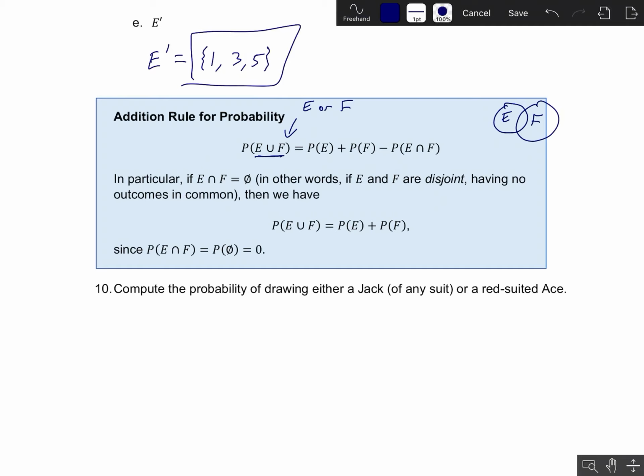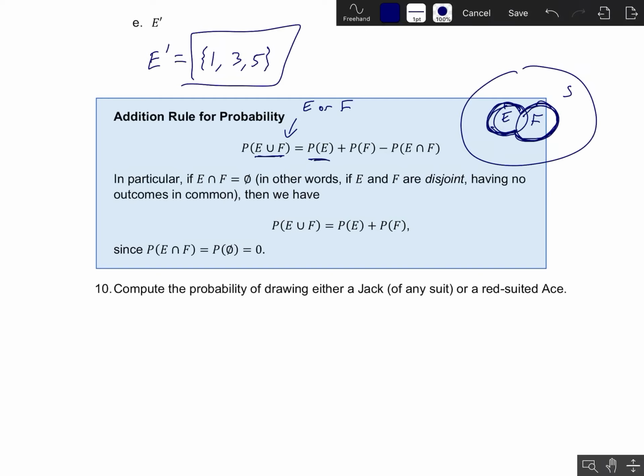If I want the probability of E or F, that would be the probability of this set, sort of the figure 8 set, as a subset of my total sample space out here, S. So that would be the amount of area that's contained in this figure 8 divided by the total area of S, if you wanted to think of it in terms of that proportionality.